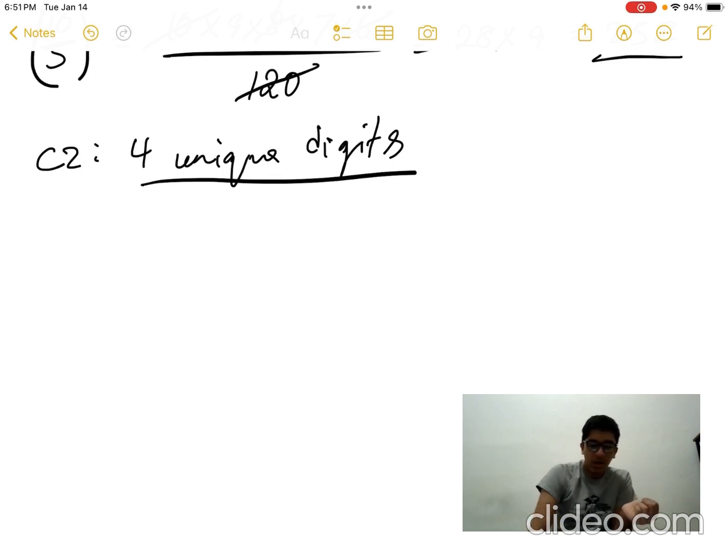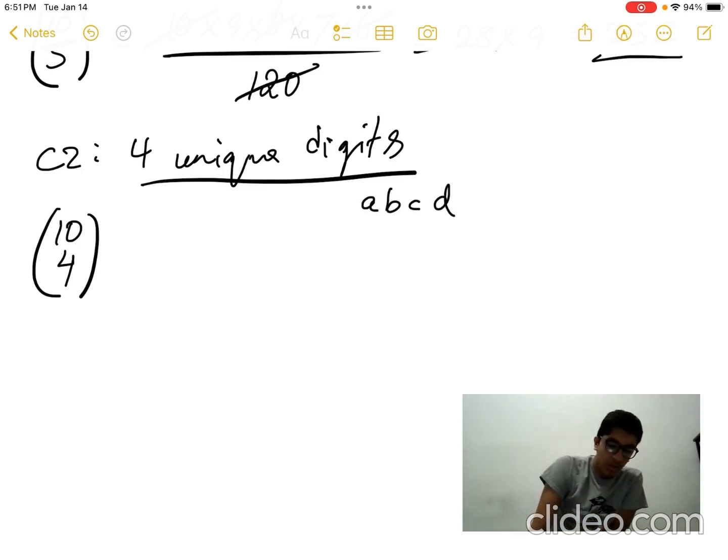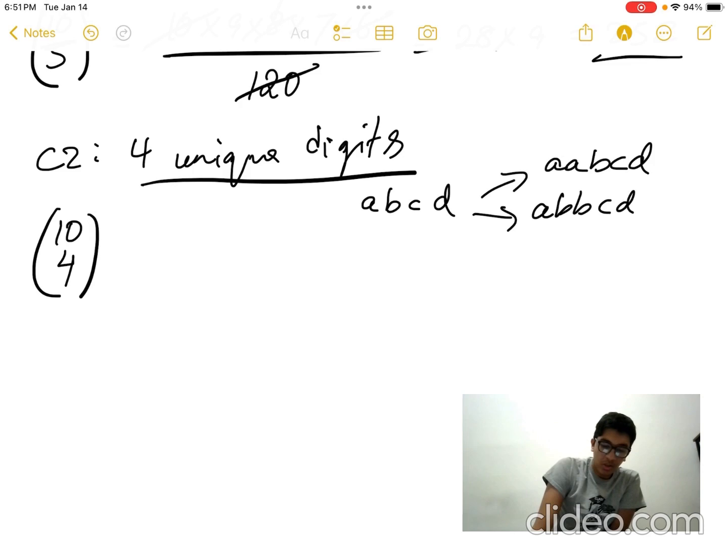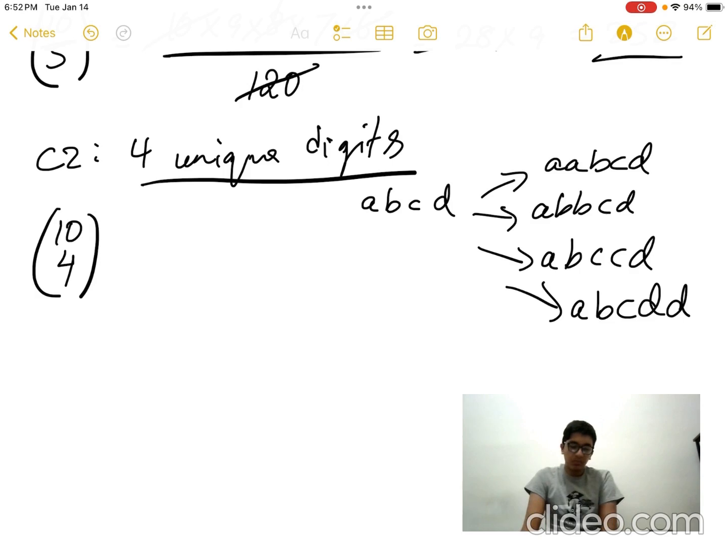And let's say our digits are A, B, C, and D. Well, we know one of these digits has to be repeated. That digit can be A, B, C, or D. And keep in mind, A is greater than B, greater than C, greater than D.